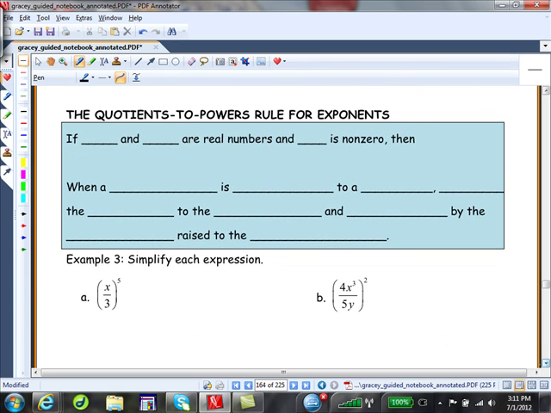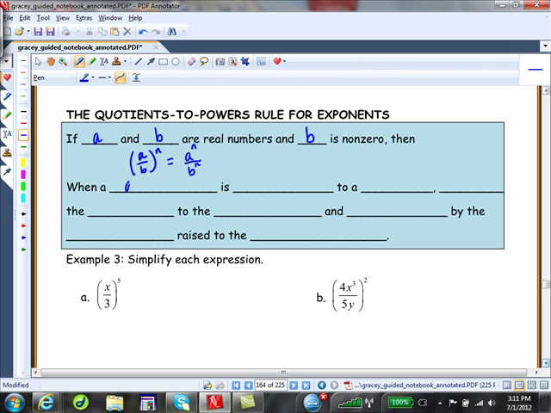The quotients-to-powers rule for exponents. If a and b are real numbers and b is non-zero, then a divided by b raised to the n power is equal to a to the n divided by b to the n.